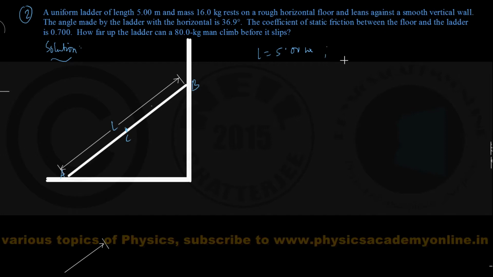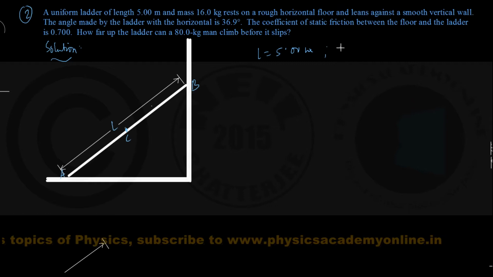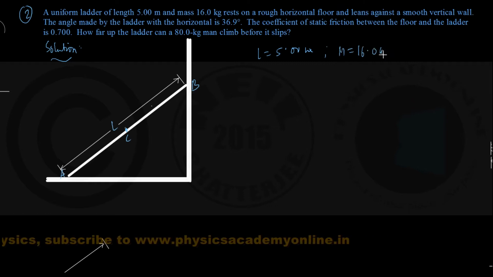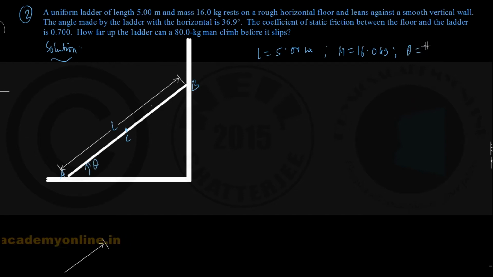And they have also said the mass of the ladder, that is capital M, is equal to 16.0 kg, and the angle made by the ladder with the horizontal, this is this angle theta. This theta is given to be 36.9 degree. A special value of the angle is convenient. Sine 36.9 degrees is 3 by 5, while cos 36.9 degrees is 4 by 5.